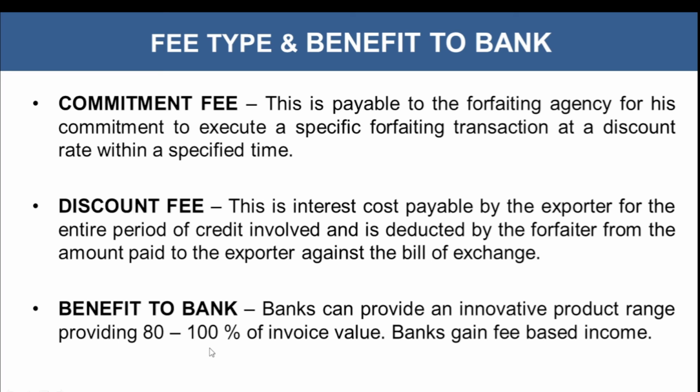Banks gain their fee-based income, and we saw that the fee is generally this discount fee and the commitment fee. The fees charged for factoring and forfeiting services are generally between 1% to 5%.